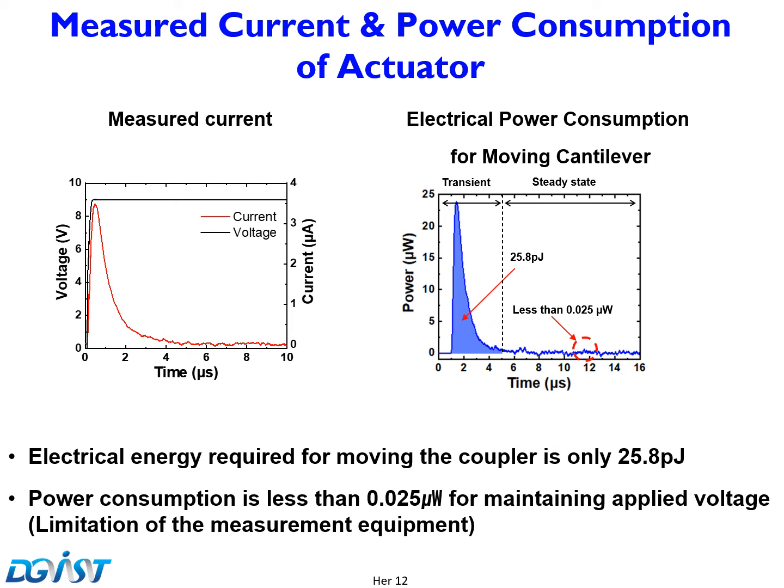We actually expect that the steady state power consumption is much less than 25 nanowatts, as our measurement was limited by the minimum measurable current of our current meter. The reconfiguration energy was calculated by integrating the area below the graph on the right.